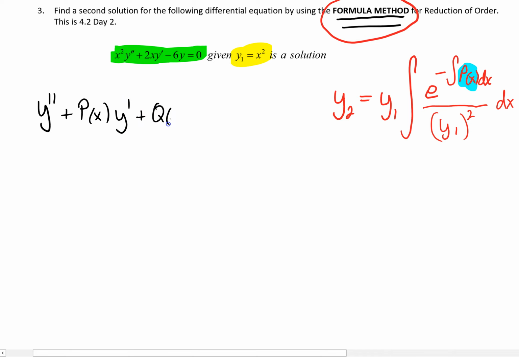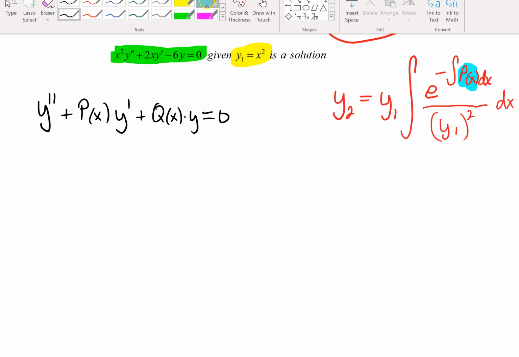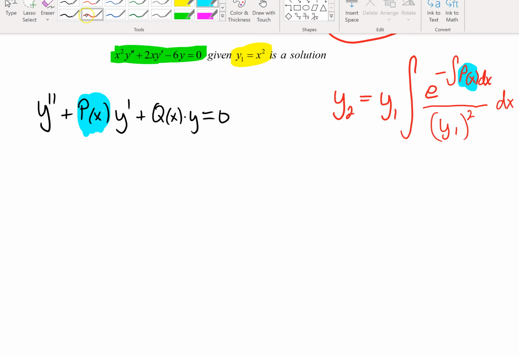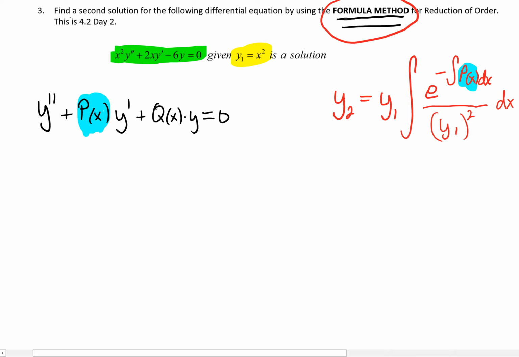You'll then also have a q of x times y. But what's super critical is that once you divide out whatever's in front of your y double prime, your new equation will have a coefficient times y prime. That's your p of x.